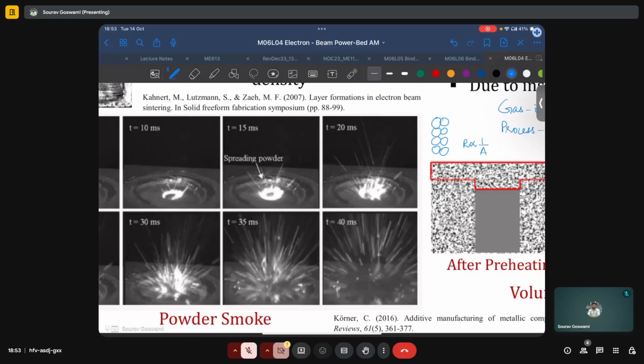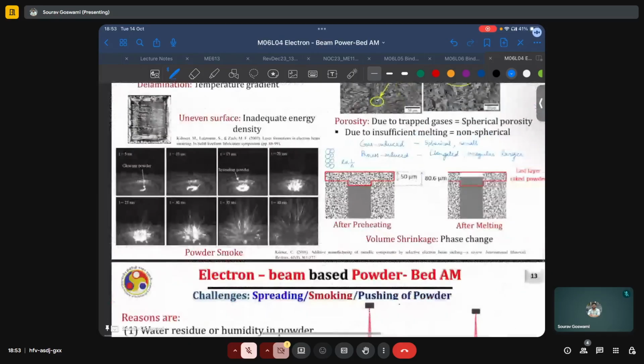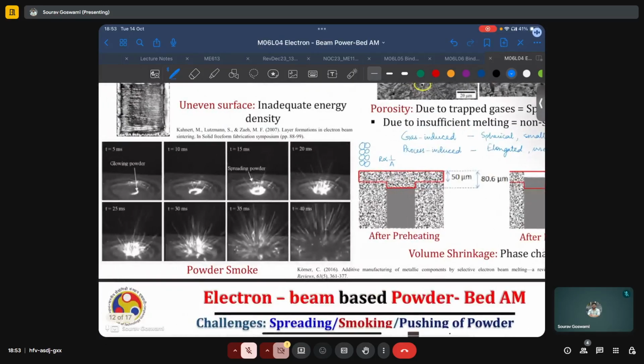And once there is sufficient buildup of charge, the powder particles will start repelling each other. And because of the high flux, this process can be very quick. As we can see here, it's occurring across a few milliseconds of time. And the charged powder particles can be explosively ejected from the surface. As we can see at the end, there is no powder remaining on the surface of the build plate, and so no printing will occur.